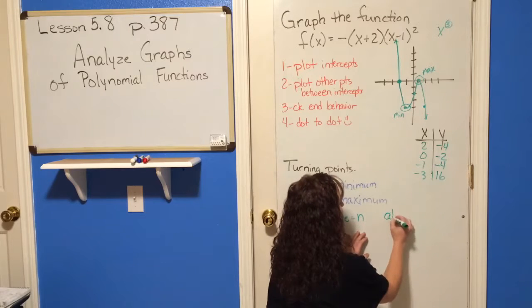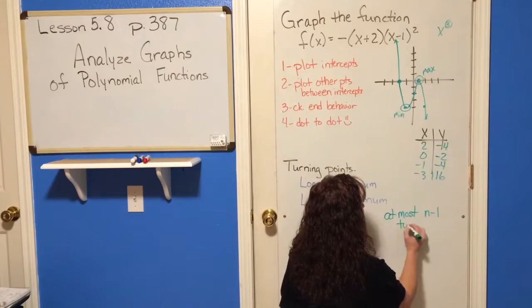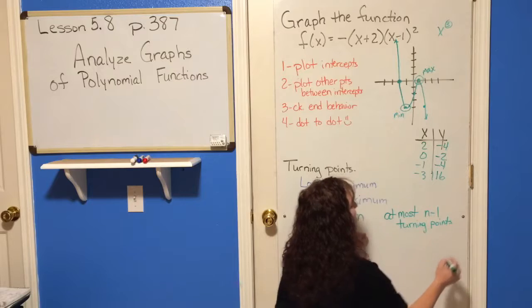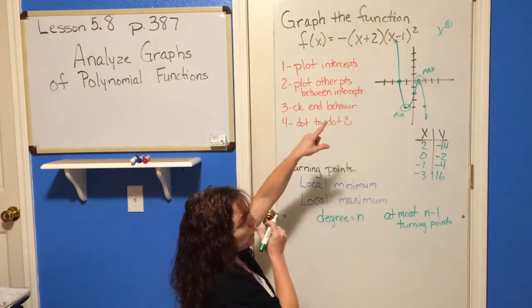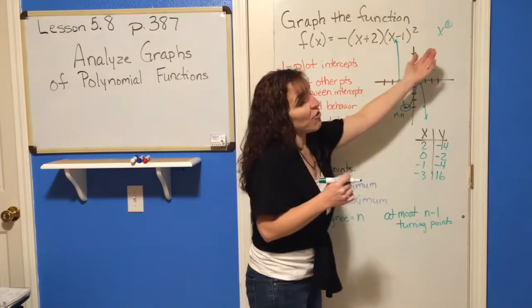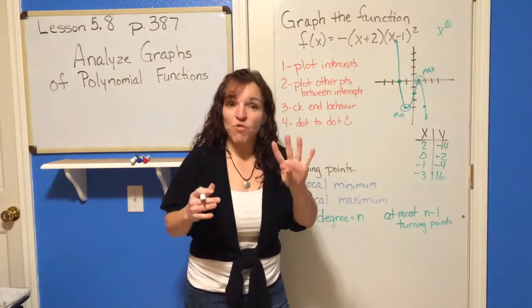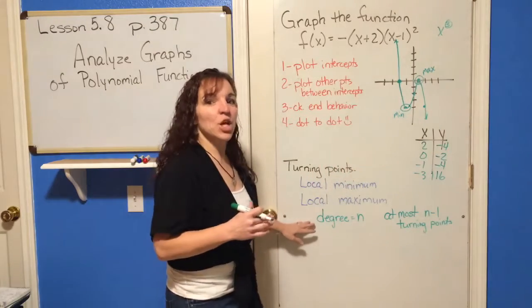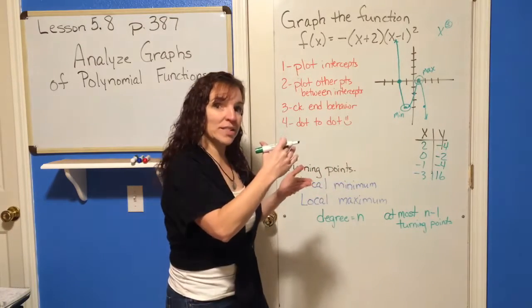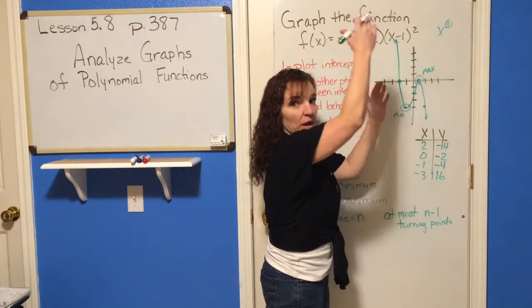So you'll have at most n minus 1 turning points. What that means is, in our case, our degree was 3, so the most turning points we could have was 2. So if your degree is 5, the most turning points you can have is 4. So whatever your degree is, you can't have that many turning points because of having to go up and then down, or up and then up.